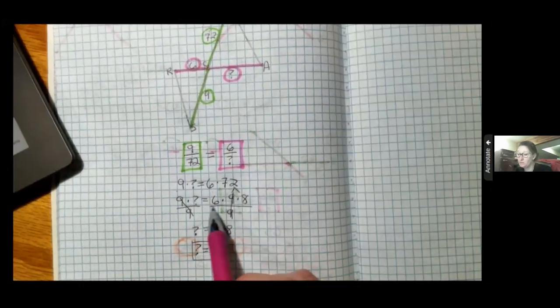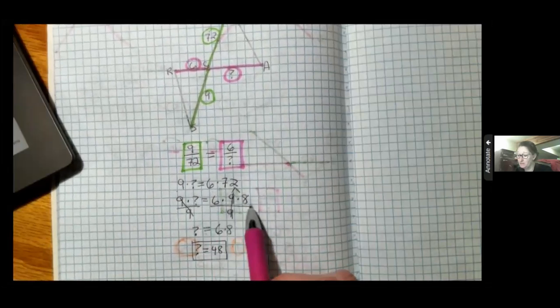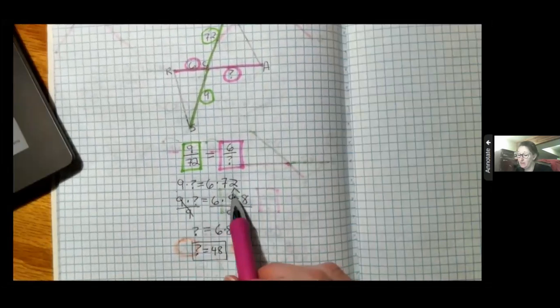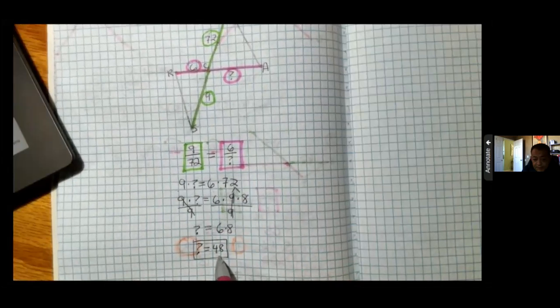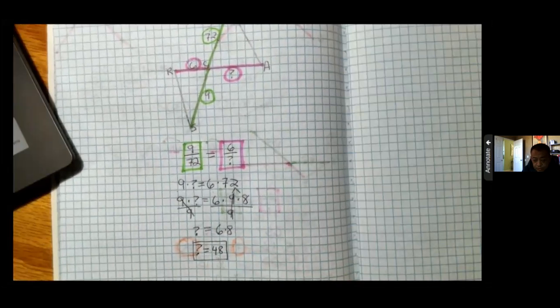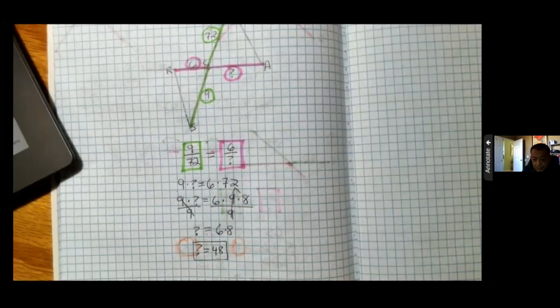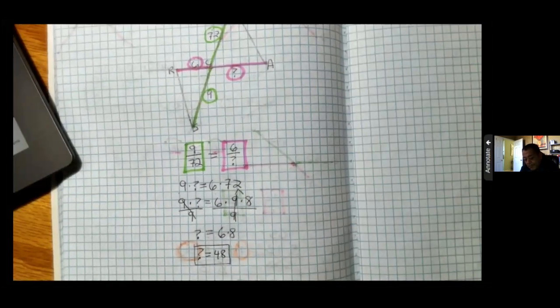So then I show my 3 factors, 6 times 9 times 8. Divide by the 9 and get rid of it. 6 times 8 is 48. Even if you factor it, you still get the same answer. Right, you can factor it. But again, you don't want me to do that because if I have too many 2s and 3s, it gets a little scary.